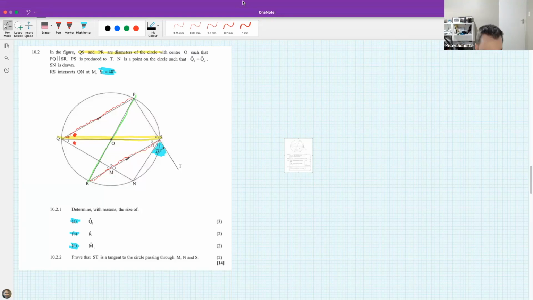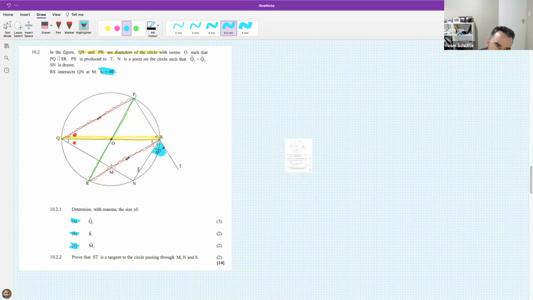So Josh, Q1, Q2, tan chord theorem. Let's have a look. So you're saying, is there a tangent? You know what? There's no tangent, I don't think. So you almost had me there, Josh, because this looks a bit like a tangent, but a tangent only touches the circle in one place.